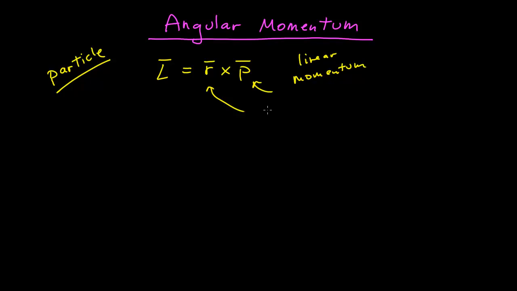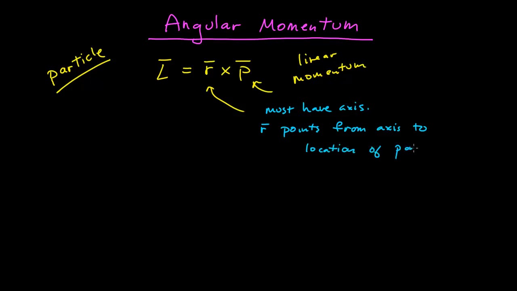So the first thing this implies is that we must have an axis about which we can evaluate the angular momentum. And once we have that, then R points from the axis to the location of the particle.